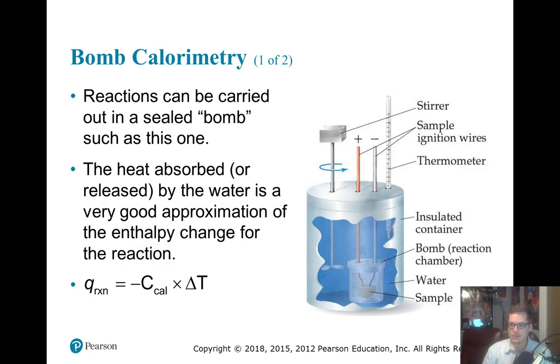And then you measure the temperature change of the water outside of the bomb, okay? Because of the way it's set up and because it's all sealed in here and it's a closed system, you can assume that the Q of the reaction is just equal to the negative heat capacity of the calorimeter times the temperature change of the water. Okay, so we can use this anytime we're using a bomb calorimeter. It makes it super easy, so take note of this one as well.